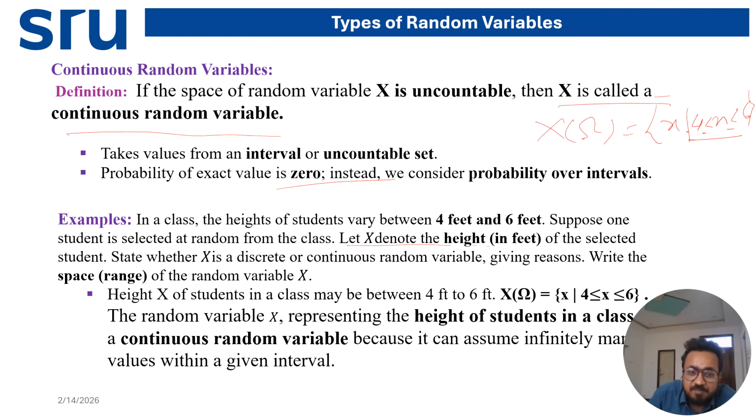That's why the space of this random variable will be a continuous random variable, because the value comes from an interval and an interval is always an uncountable set. So now we have the definition of a continuous random variable.